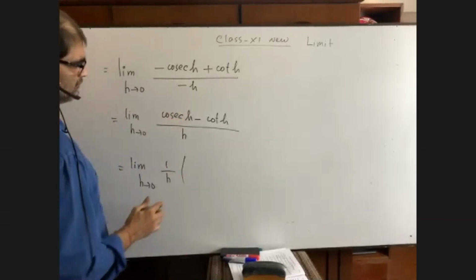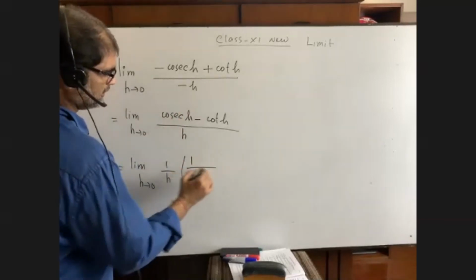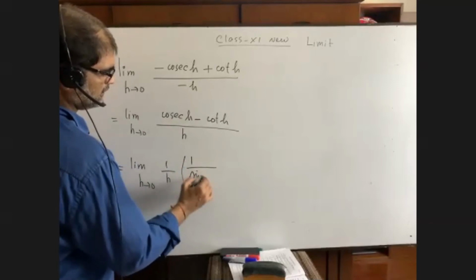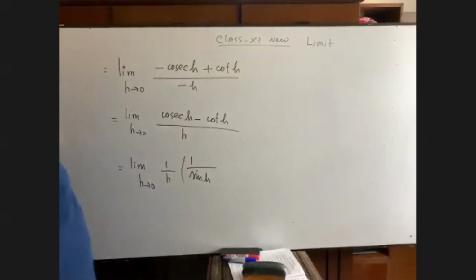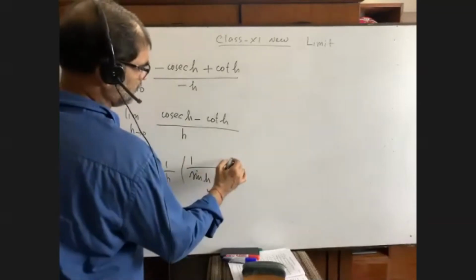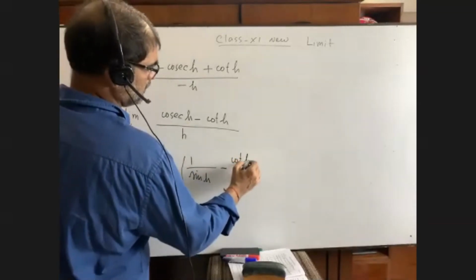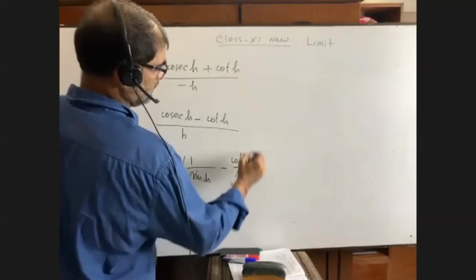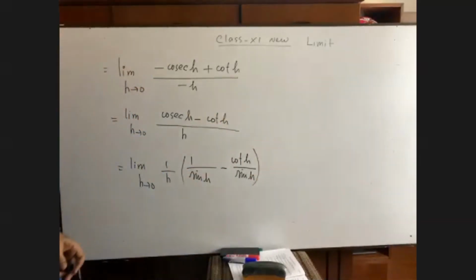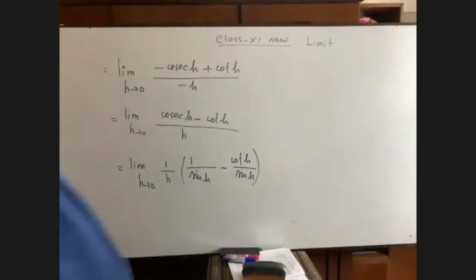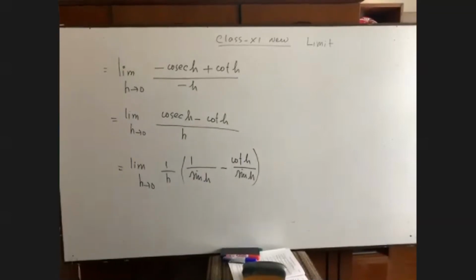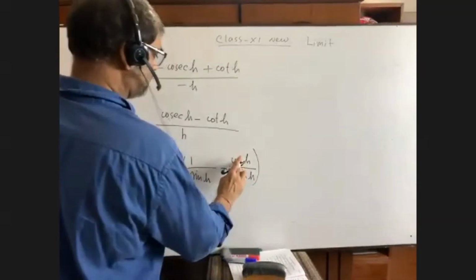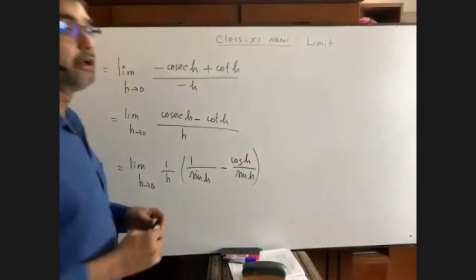Cosec h equals 1 by sin h, and cot h is cos by sine. Sorry, yes, it is cos by sine.